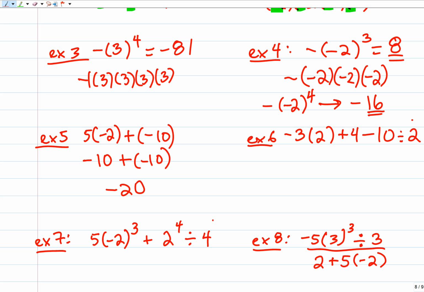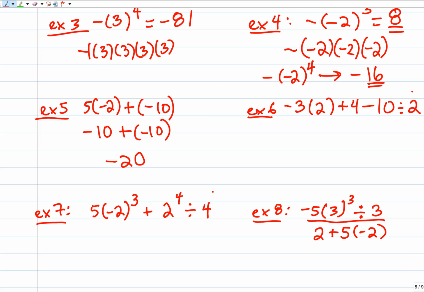Start with what on example 6? What is negative 3 times 2? Can I do that division? Definitely before we're doing adding and subtracting, this is the multiplying. The dividing is separated. You actually can do it right now. What is 10 divided by 2?